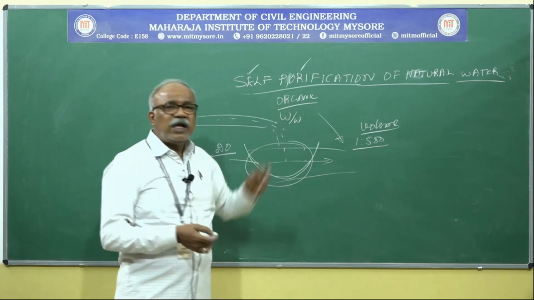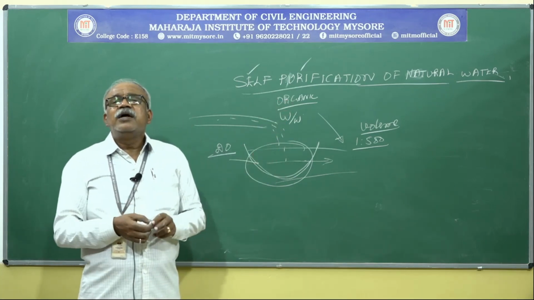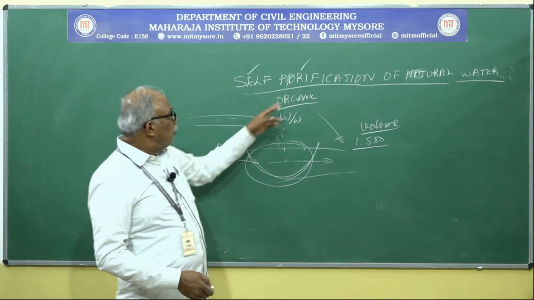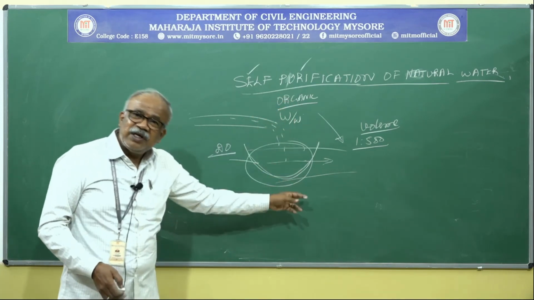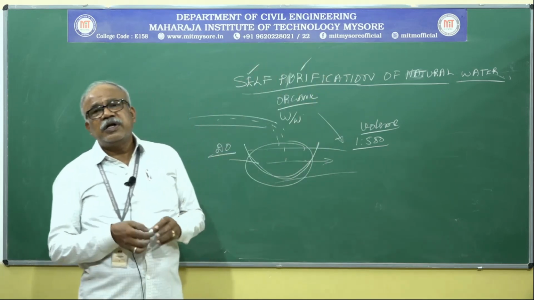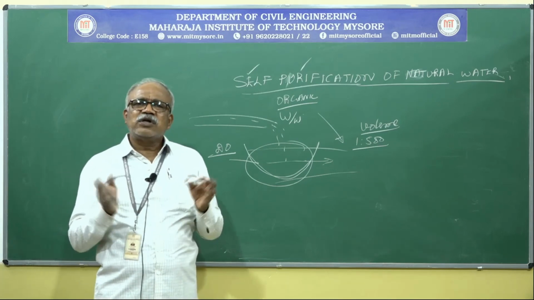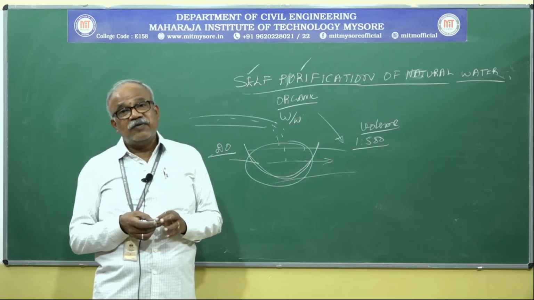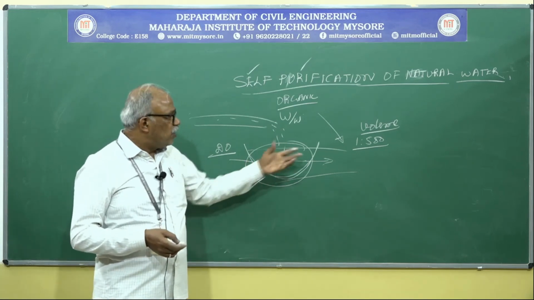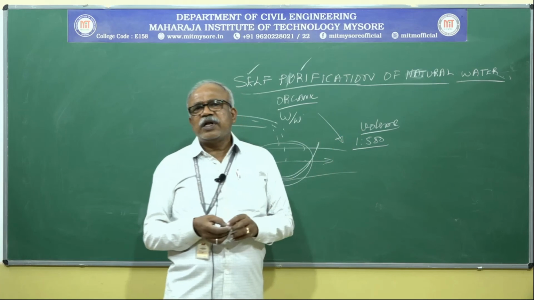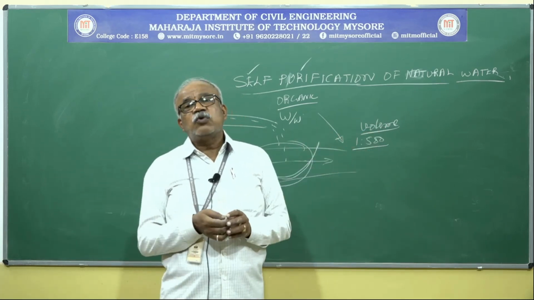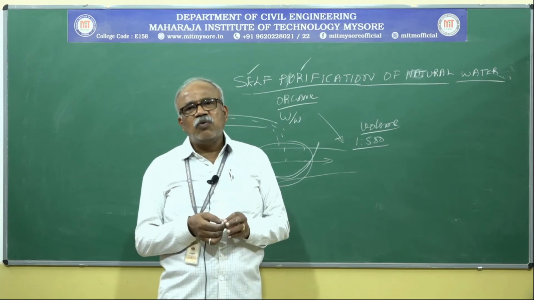After these organic elements are used, they will be oxidized in the natural water body. So the DO concentration will go on increasing. Then there is no question of spoiling the aquatic life. Are you clear? So a very small amount of wastewater can be diluted in a huge volume of natural water.